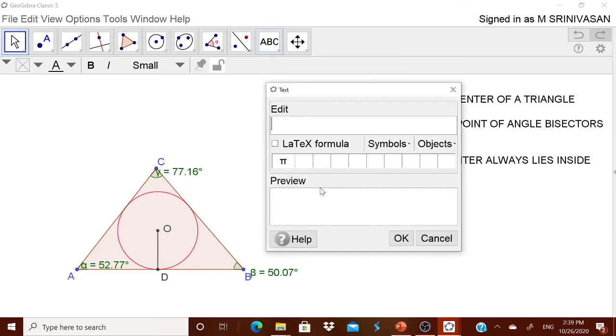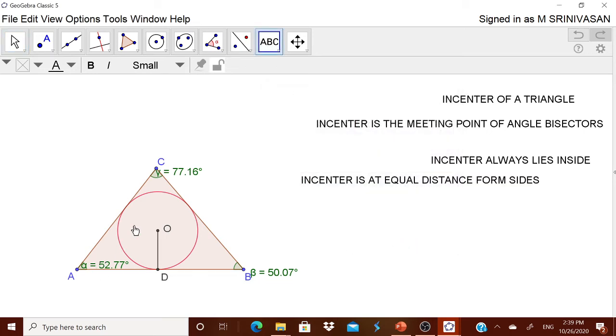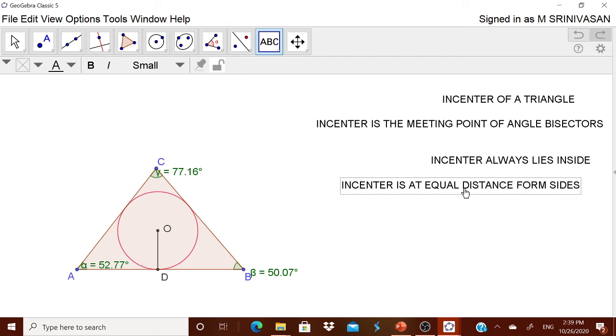Go to the next property, that the incenter is at equal distance from the sides. Now what is the meaning of it? This OD, whenever you are having another perpendicular, all of them should be of the same distance. Let us see it.